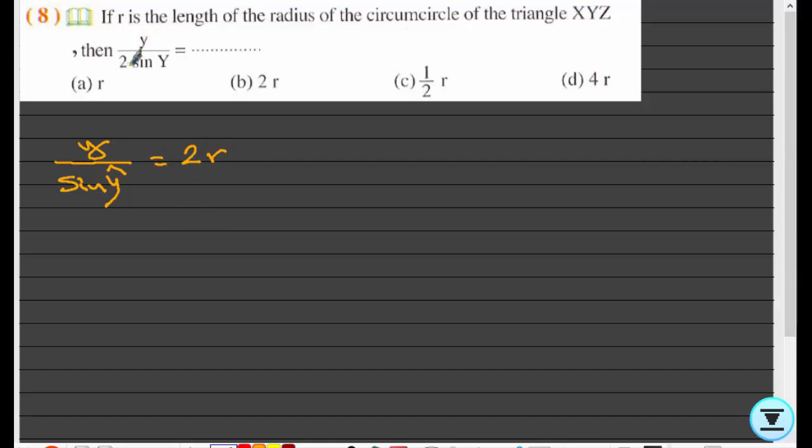Dividing both sides by 2, we get y over 2 sine Y equals R. Again, back to the question, the required is to find y over 2 sine Y. y over 2 sine Y equals R. So the answer will be letter A.